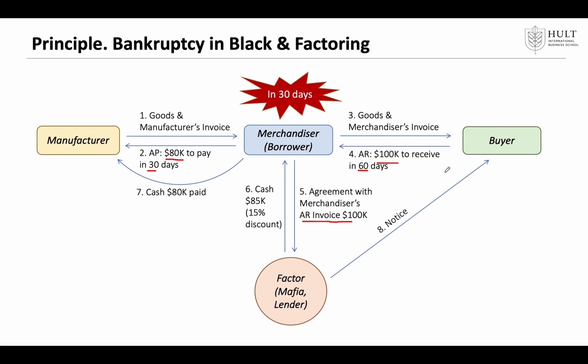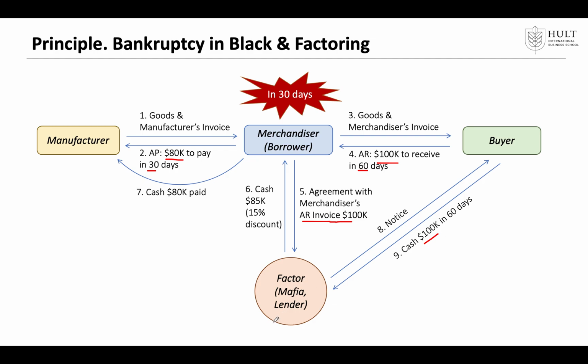So you don't pay this $100,000 to the merchandiser, but you have to give it to me because I have your AR invoice. So in 60 days, the cash amount of $100,000 should be paid to this factor.